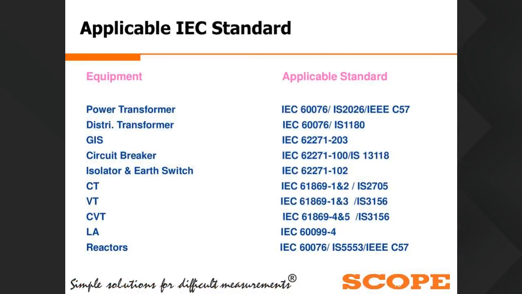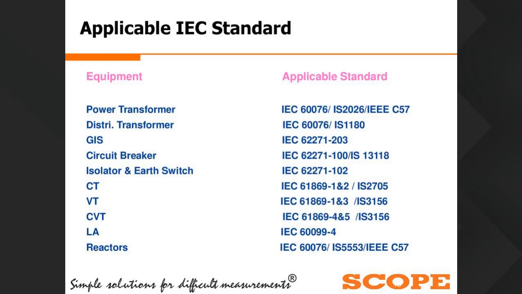Okay, so these are the applicable standards given by IEC, IEEE and IS that we need to follow during the testing. For the power transformer, the applicable IEC is 60076, the applicable IS standard is 2026, and IEEE C57. Similarly, for distribution transformer, the same IEC is applicable for power and distribution transformer, but IS is 1180.